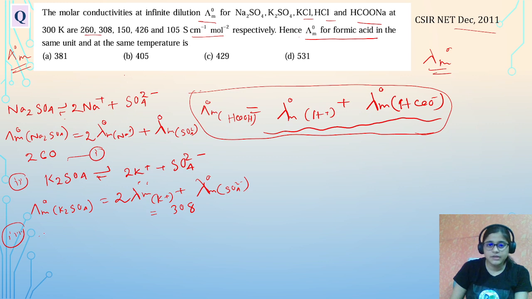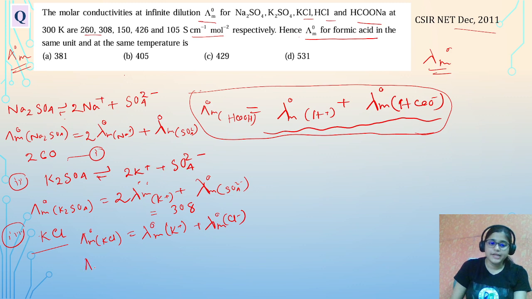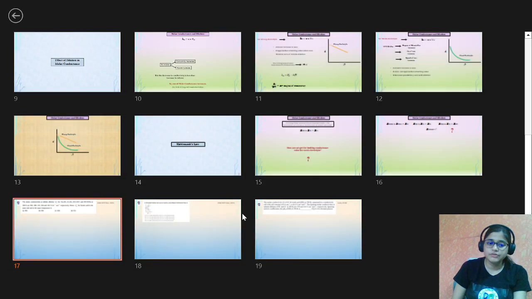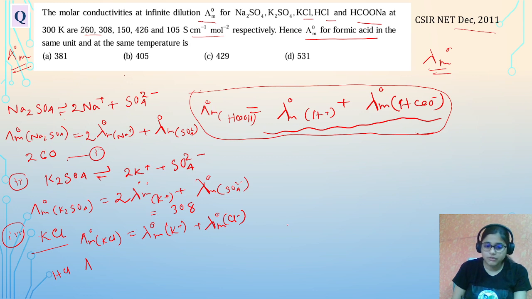The third one is KCl, and HCl is also there. For KCl, K plus and Cl minus, so delta M0 of KCl will be lambda M0 of K plus plus lambda M0 of Cl minus, equal to 150.